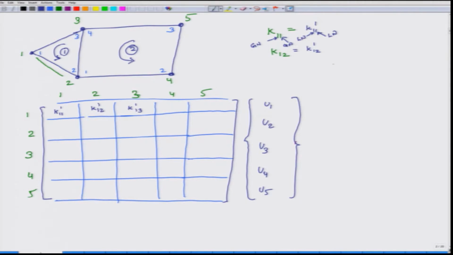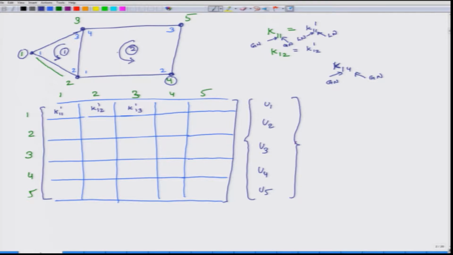Now, let us look at K14 for the assembly matrix. This is my global node number and this is again global node. This is capital, this big K, which is the assembled thing. Node 1, this node and node 4, are they physically connected?